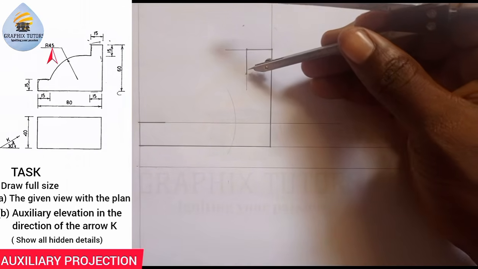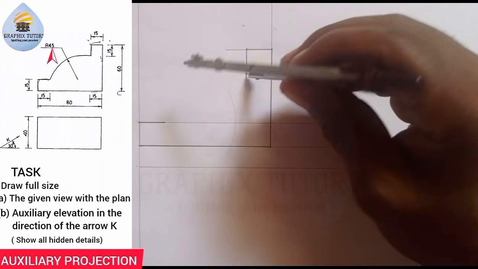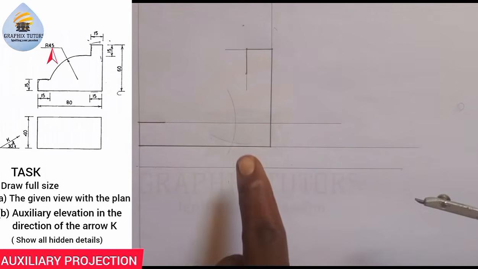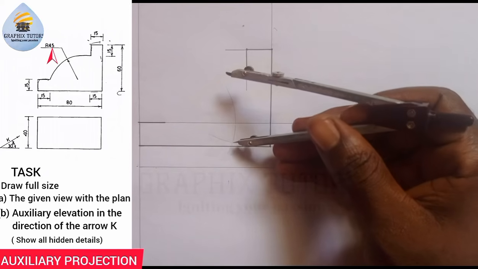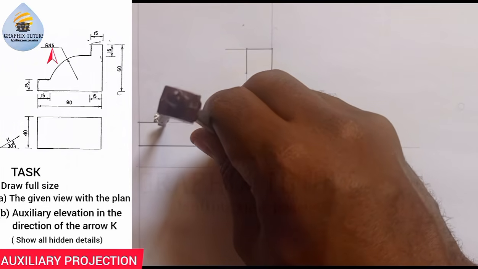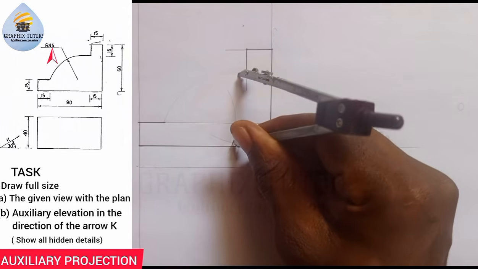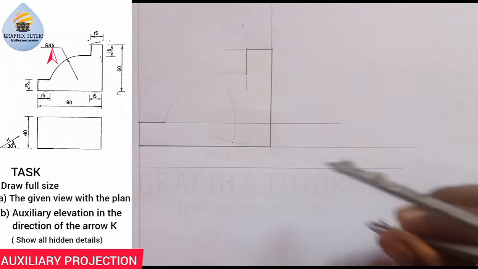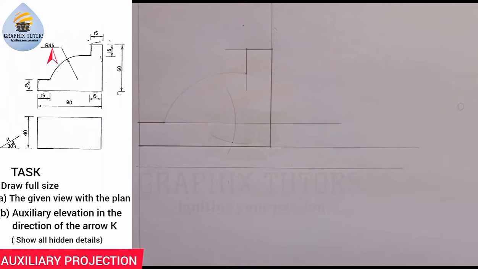I'll place it at this end here where you want the curve to be. And you strike another arc here. So they are meeting at this point here. So I will now place my compass at that point where they meet. And I am going to what? Connect. You can see that? So let me thicken that out so you can see that carefully. Now this is what we have. We have replicated that diagram you can see. That is the front elevation.